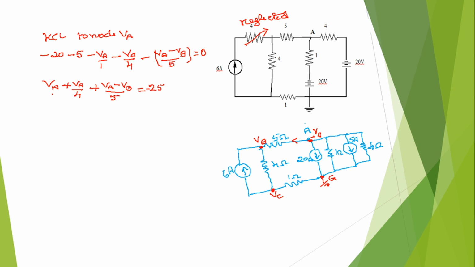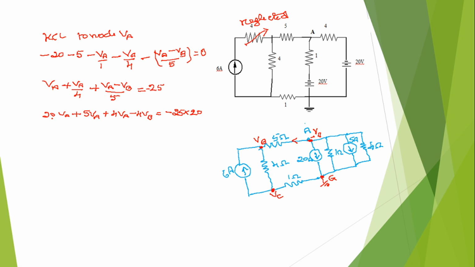Now take the LCM of this. By taking the LCM, what will happen? 20 VA plus 5 VA, because LCM is 20, plus 4 VA minus 4 VB equal to minus 25 into 20, because this LCM common denominator I am multiplying to this side.